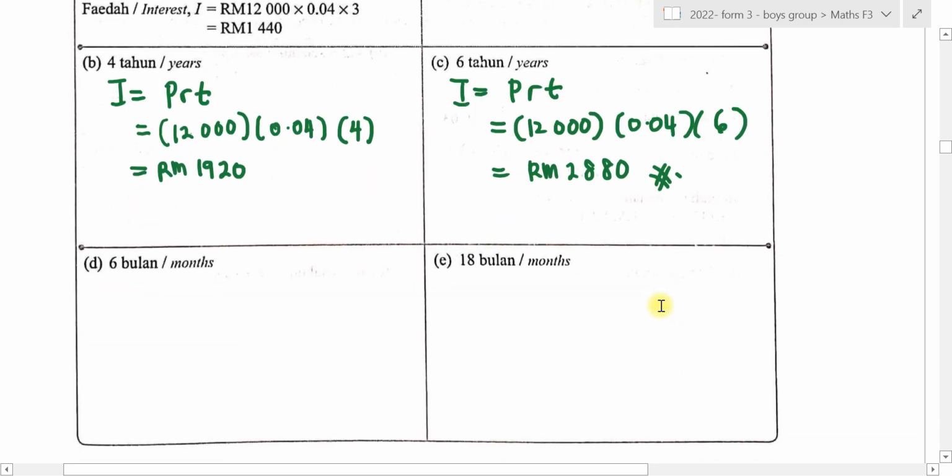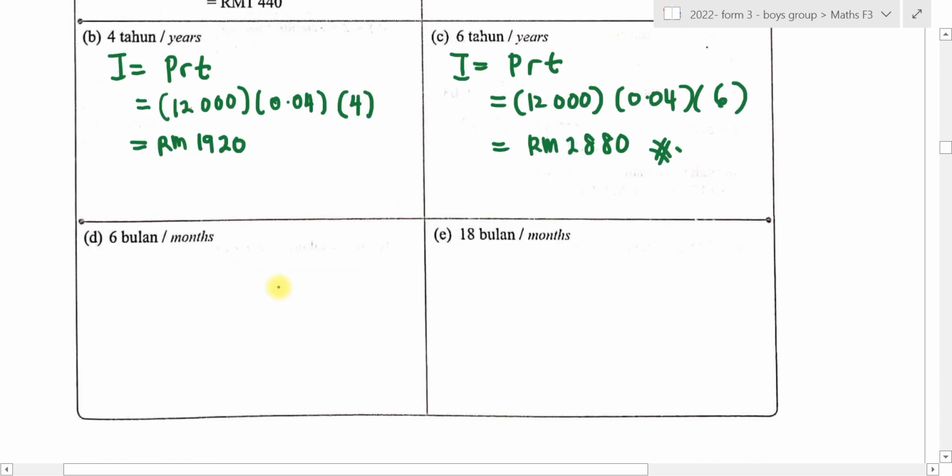Okay, if they give you months, don't be afraid, change it into years. If you want to change to years, you just divide it by 12. Okay, you divide by 12. So your I is equal to PRT, 12,000 times the interest rate 0.04.